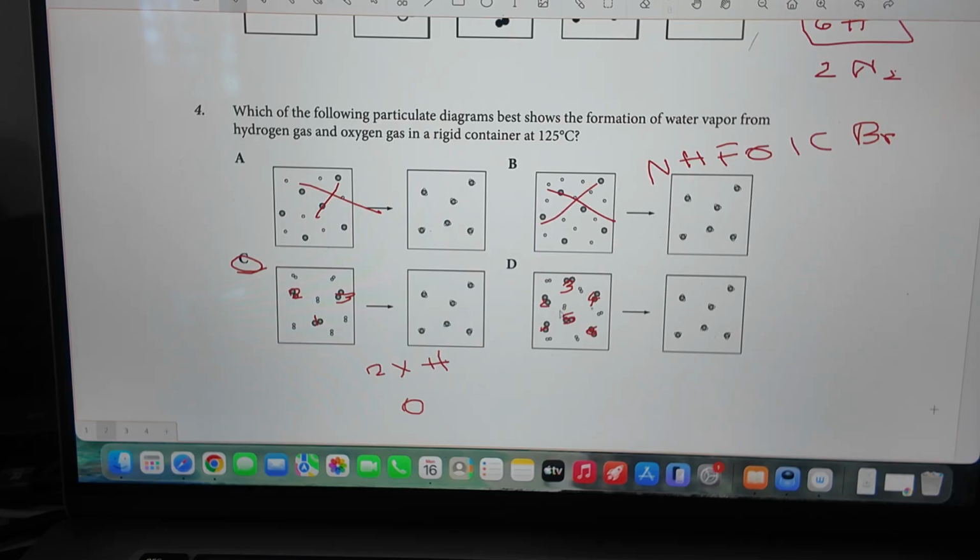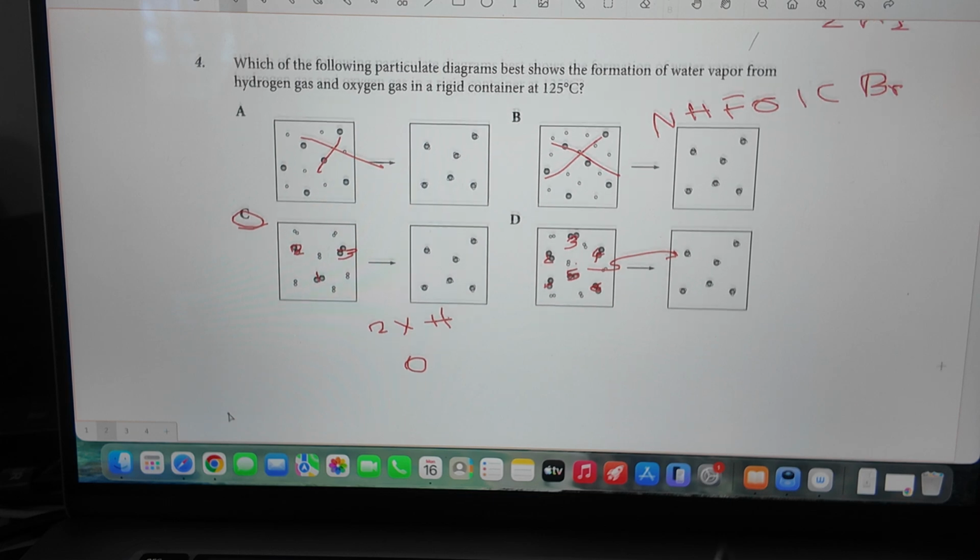If this were the case, half of these we wouldn't use. So 3 of these would need to end up here as diatomic. So it could only be C. C is the only one in the right proportion. Okay. These are actually quite easy.